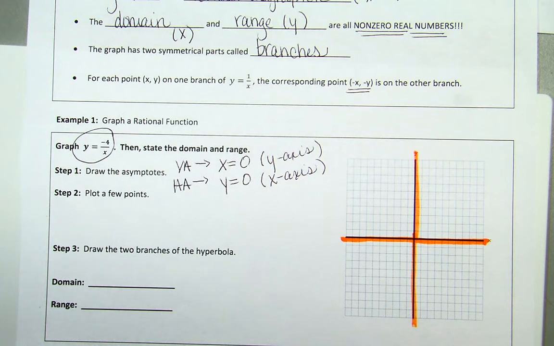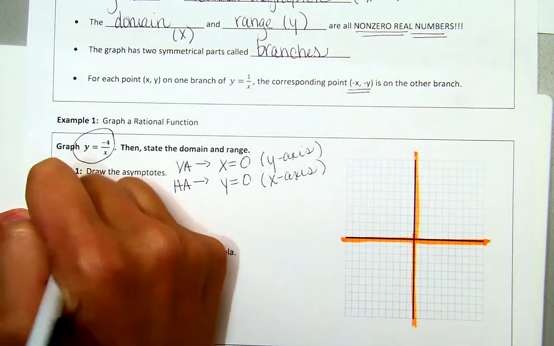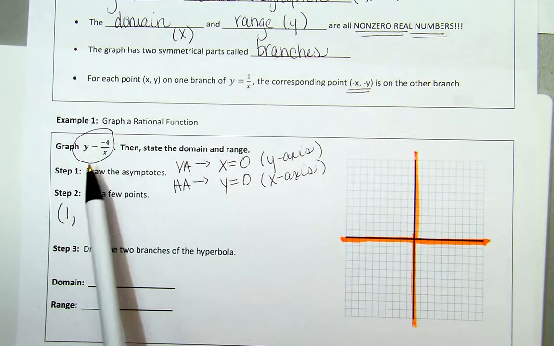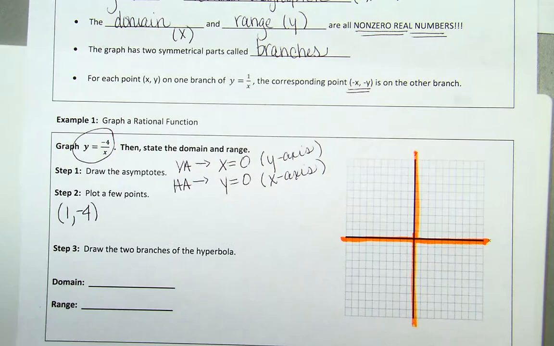Since I'm dividing by x and my numerator is a negative 4, I'm going to pick nice numbers that work with 4 so that when I divide, I get nice numbers back. So I'm going to start off with 1. Negative 4 divided by 1 gives me negative 4. So I know that that's going to be 1 point on my graph.